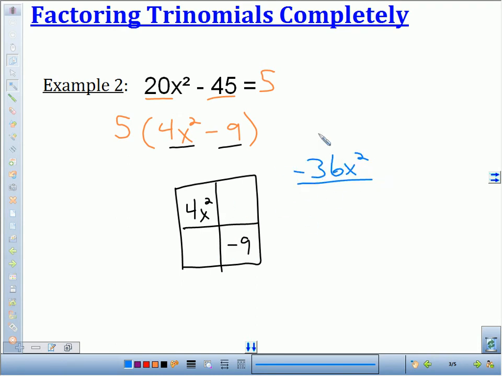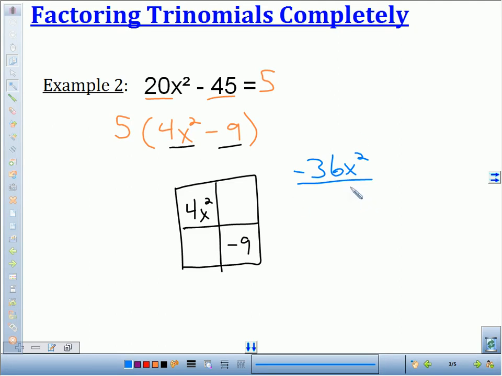This is all what we did in the first day of factoring. And I look at the factors of negative 36. Now, as I said, since these two factors are going to have to cancel each other out, the terms that we're looking for should be the same number.